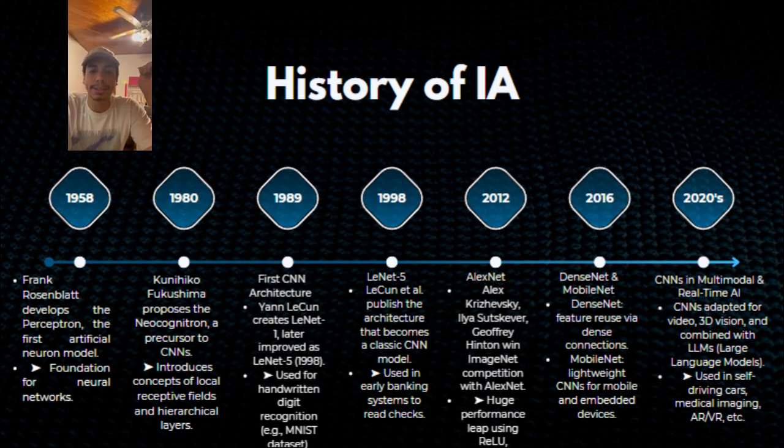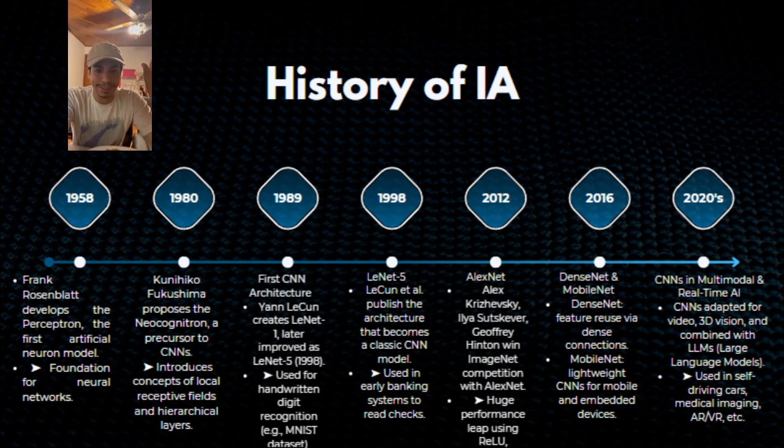And in 2016, DenseNet and MobileNet were designed, DenseNet using dense connections and MobileNet being lightweight CNNs for mobile devices.